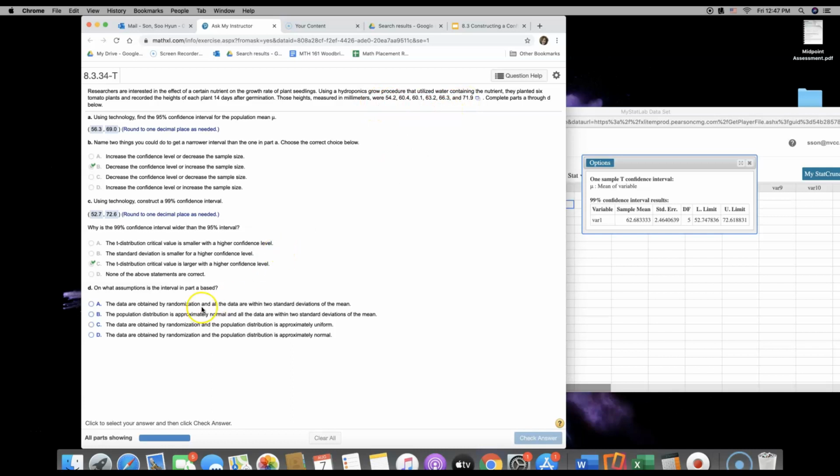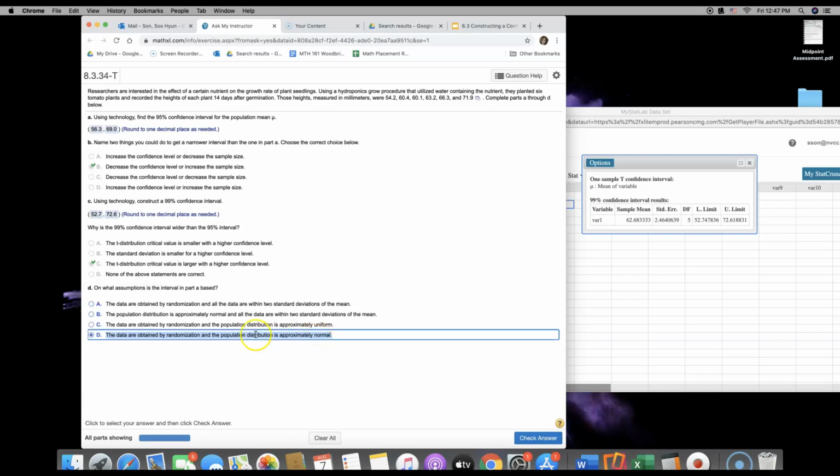So let's take a look at those two things. Data are obtained by randomization. I love that part. And all the data are within 2 standard deviations of the mean. I want something stronger. I want something to say that the population distribution is approximately normal. And I think it's the one right here. When you have a smaller sample size, not 30, you can't really use the central limit theorem.